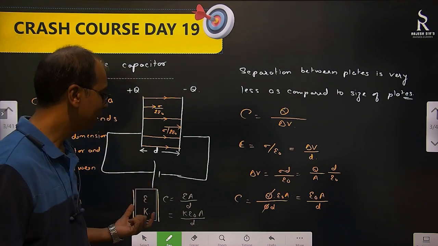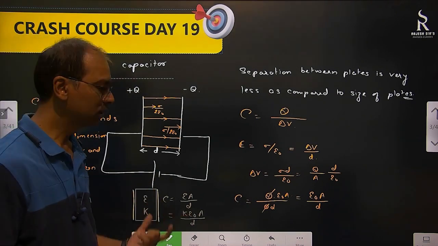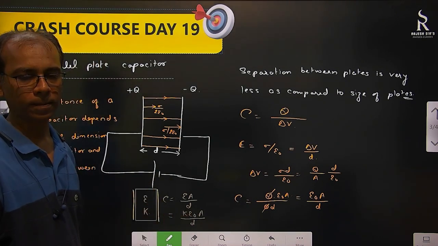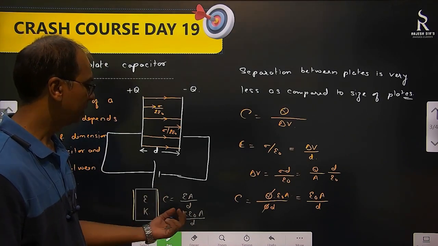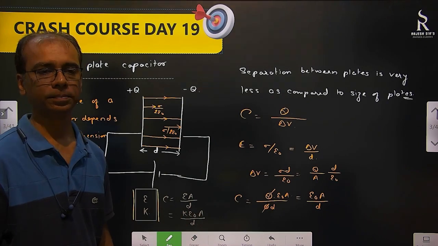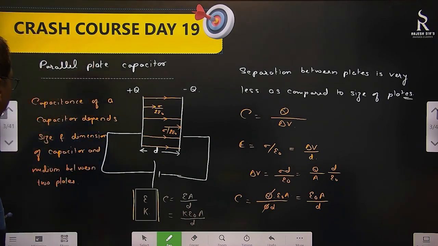So by inserting a dielectric, are we increasing the capacitance? The answer is yes. When you put this dielectric inside, the capacitance is increasing.